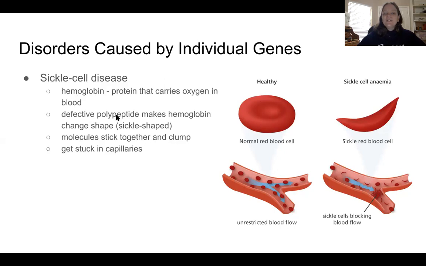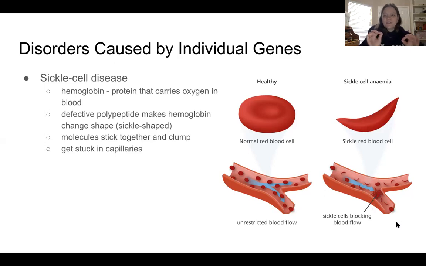If you have sickle cell, though, then you have a defective polypeptide. And instead of being this nice round shape, it's shaped more crescent or sickle shaped. So this hemoglobin doesn't carry the right amount of oxygen, and the molecules tend to clump together. They tend to get stuck, especially in your capillaries.